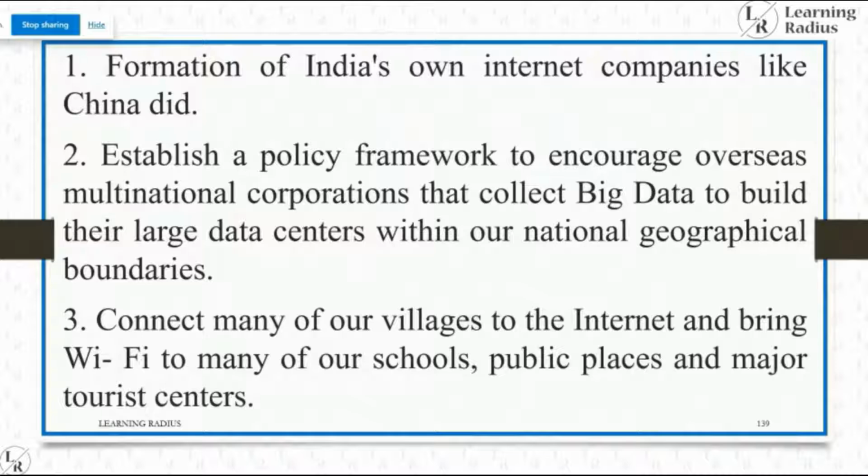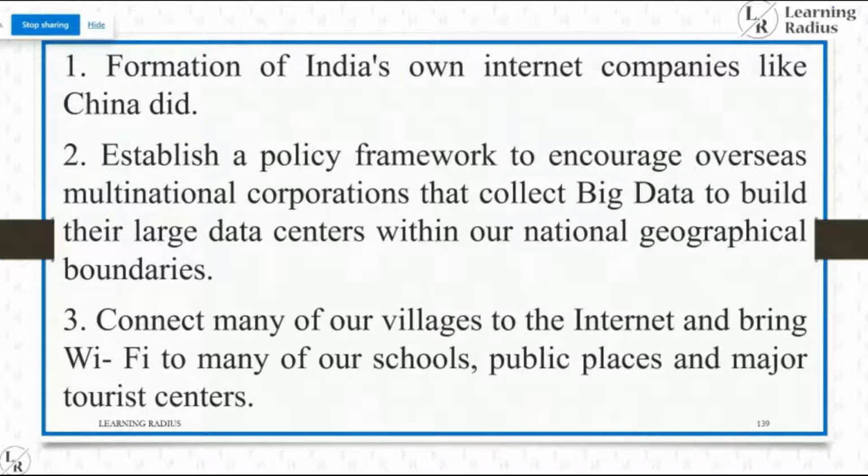So, interesting question. Formation of India's own internet companies like China did, that is absolutely not the aim of Digital India. Establishing a policy framework to encourage overseas multinational corporations that collect big data to build their large data centers within our national geographical boundaries is also not a part of our Digital India plan.